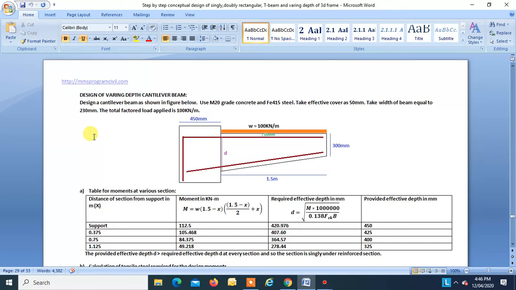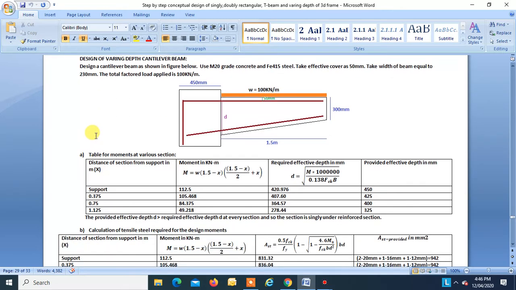So we will make design tables that will make our work easy. We will take four sections: one section at support, another section at a distance 0.35 meters, another at a distance 0.75 meters, another at a distance 1.125 meters. All these distances are measured from the support.